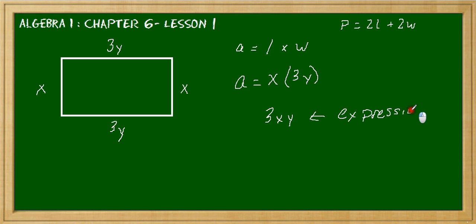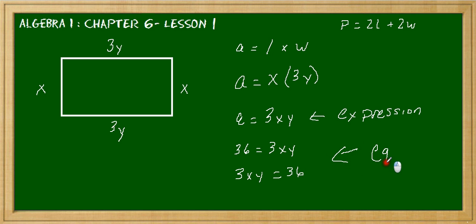And guess what? They're going to tell us to write an equation, and that the area is equal to 36. So we would say 36 is equal to 3xy, or we can write it the other way around, 3xy is equal to 36, right? So we now have the equation part of this.